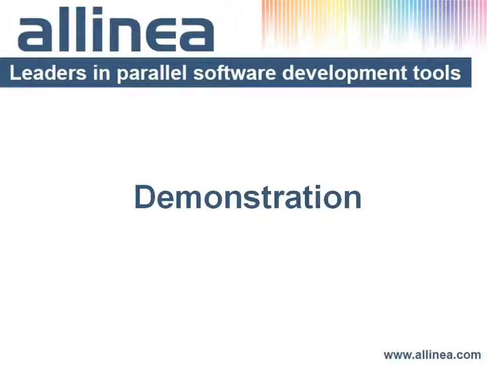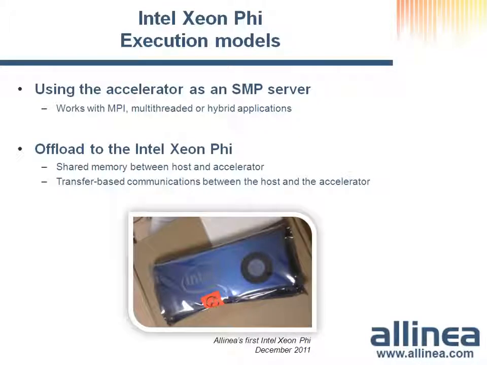But before doing so, we need to have a look at what the Intel Xeon Phi can do. The Intel Xeon Phi is an accelerator that can be plugged within a server and that offers multiple possibilities and execution models. You can use an Intel Xeon Phi as a supplement, as an SMP server, which means that you can run MPI processes, threads, or hybrid applications on this accelerator, but it also works as an offload to the host.